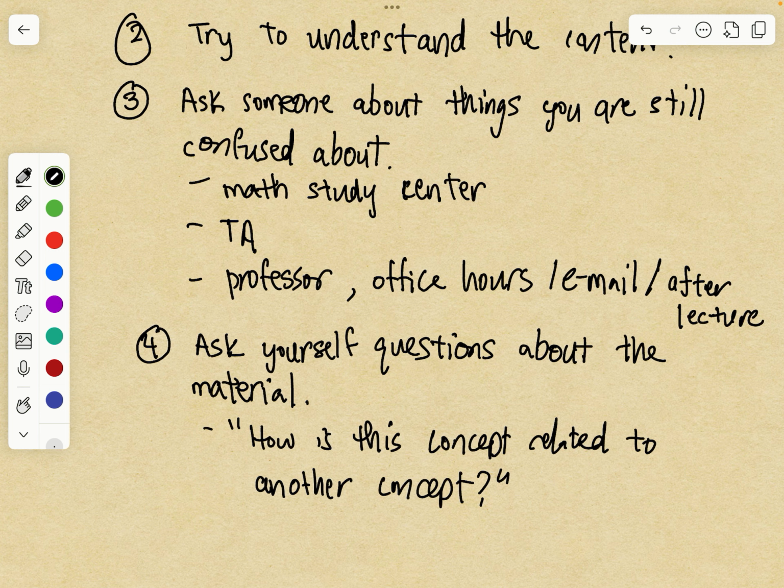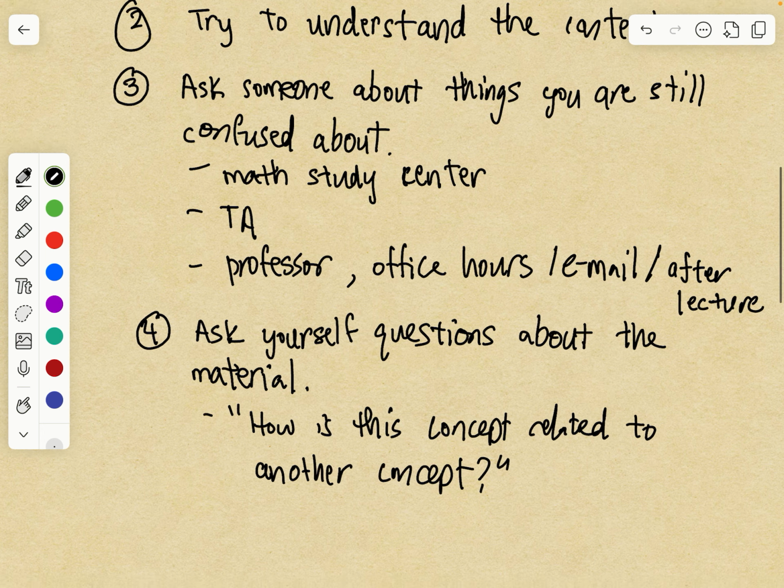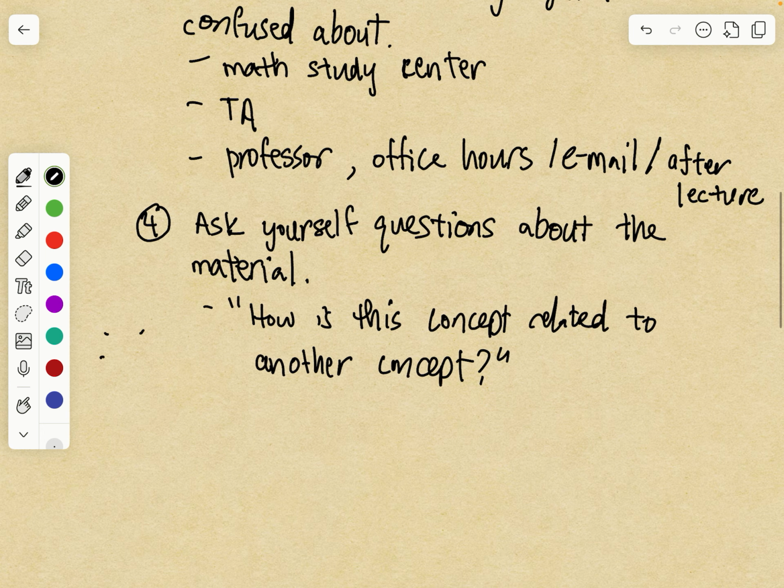Because when you're learning the content of a class, it's not like you're learning a bunch of isolated facts that you memorized. It's more like you're trying to learn a network of facts. So you have these facts that you learn, but you want to see how they are related, right?